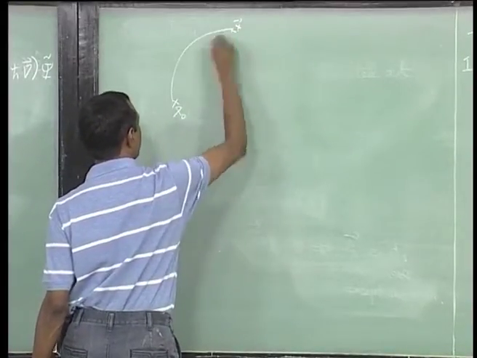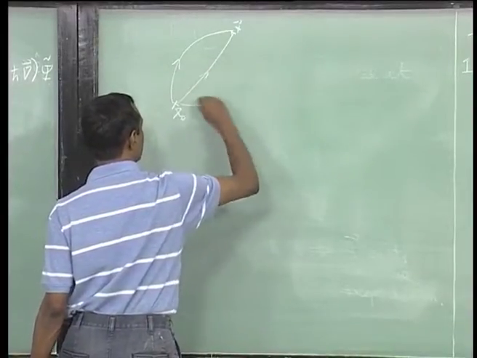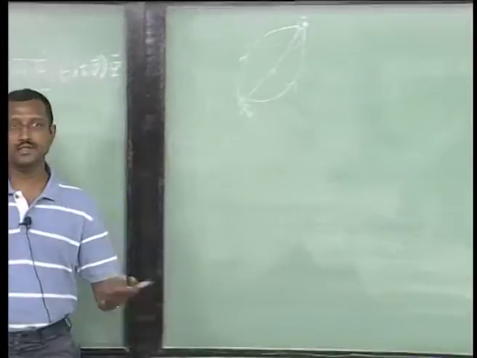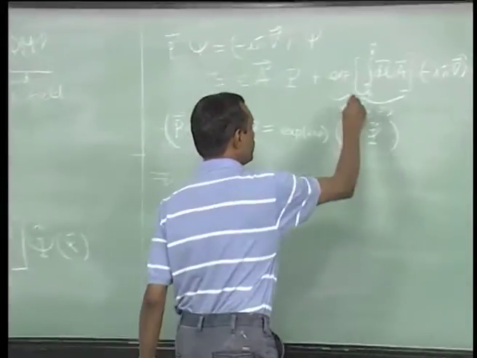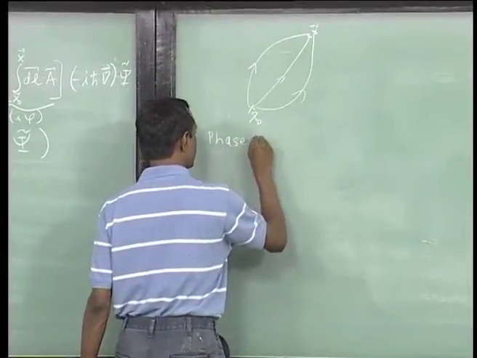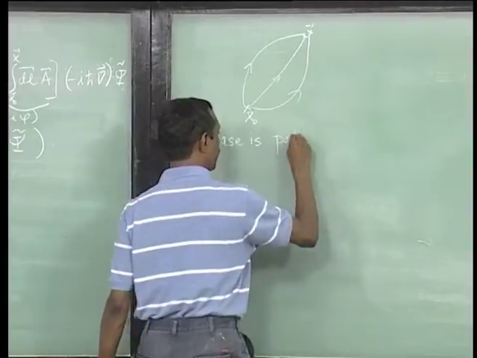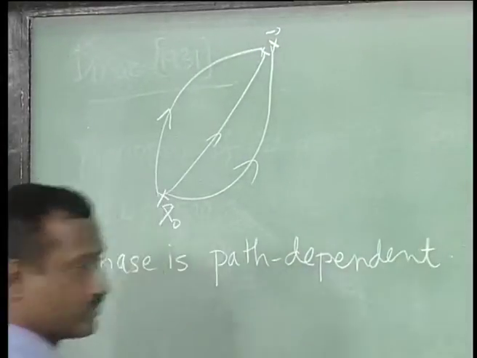We can take any different path. Okay, we can go like this. I could have chosen this path, this path. Each of these paths differ by something, differ by the phase. So the answer is actually path dependent. So the phase is path dependent, and let us understand how it is dependent on the path.